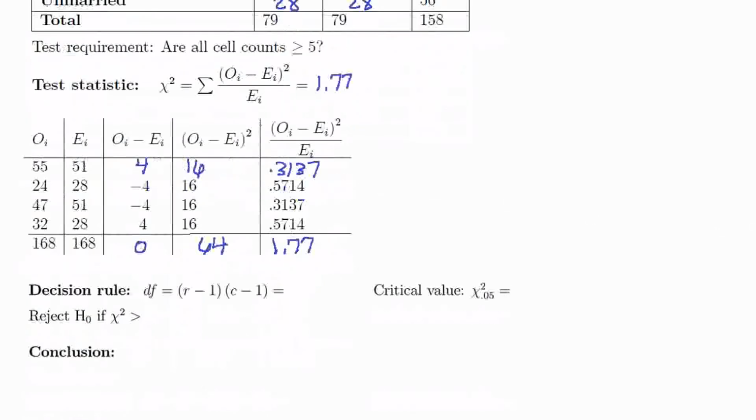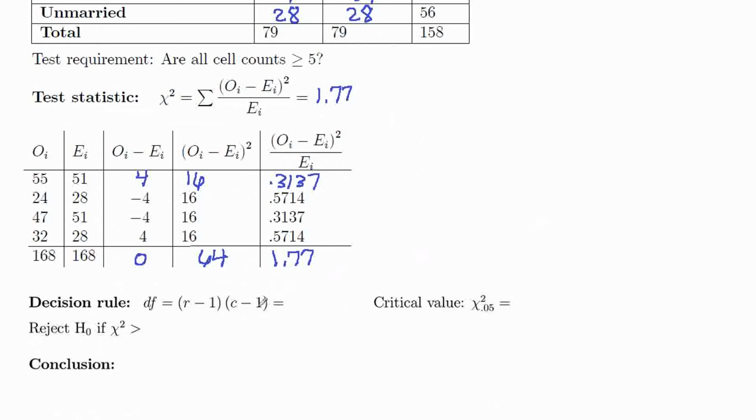And then the decision rule for this test of association, your degrees of freedom, you take rows minus 1 times columns minus 1. So we had 2 rows and 2 columns in our expected and observed tables, not including the totals. So this would be 2 minus 1, 2 minus 1. So that's 1 times 1, which is 1. So that's our degrees of freedom.